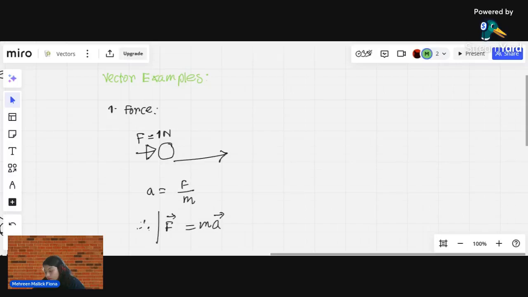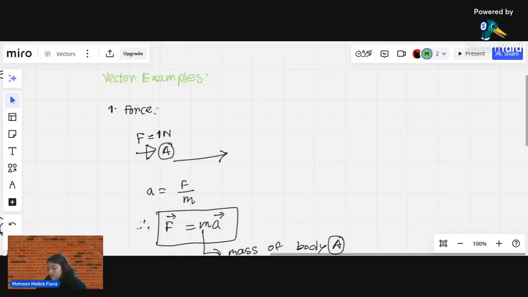So as you can see, I have given arrow notation in the case of a, which is acceleration, and force. Why have I done that? Because both force and acceleration have a direction, but in the case of m, the mass of the body, let's say it is an object, it does not have a certain direction, but it does have a weight. So the weight here is acting like a magnitude.